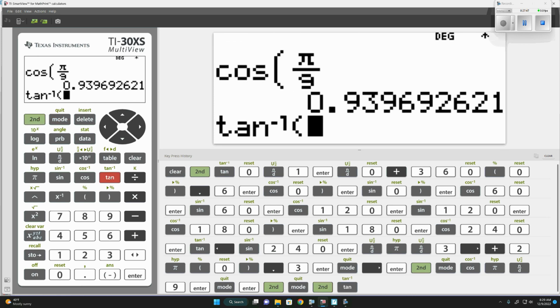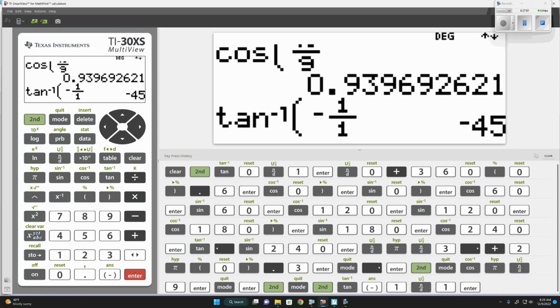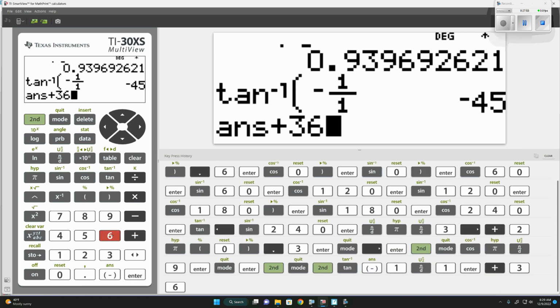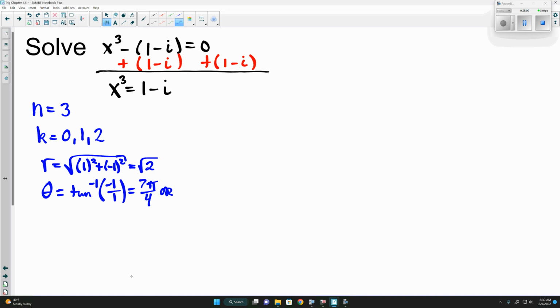Tangent inverse of negative 1 divided by 1 is negative 45, which gives 315. Now again, I did jump to get here. It told us that tangent inverse of negative 1 over 1 is negative 45 degrees.